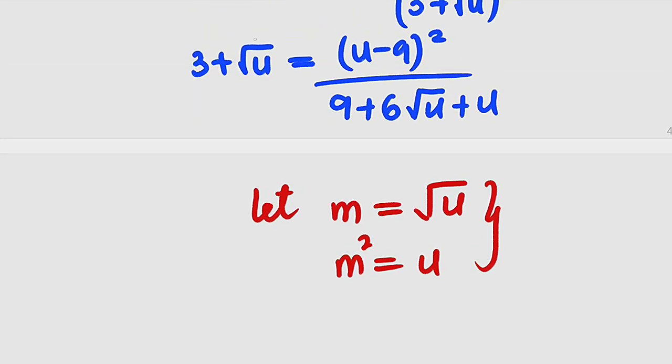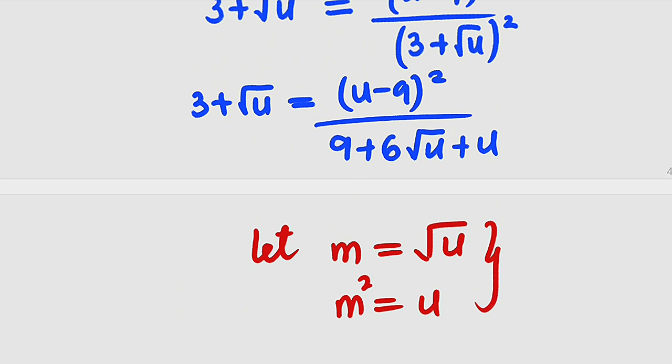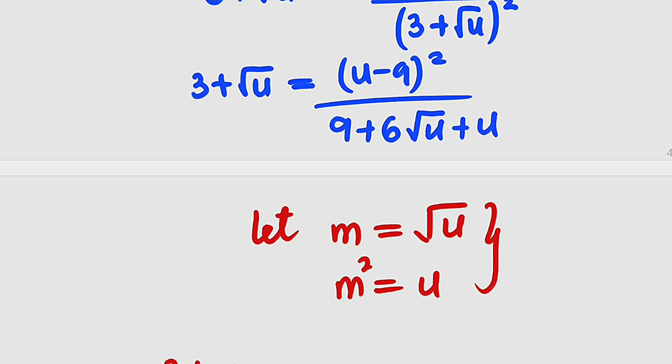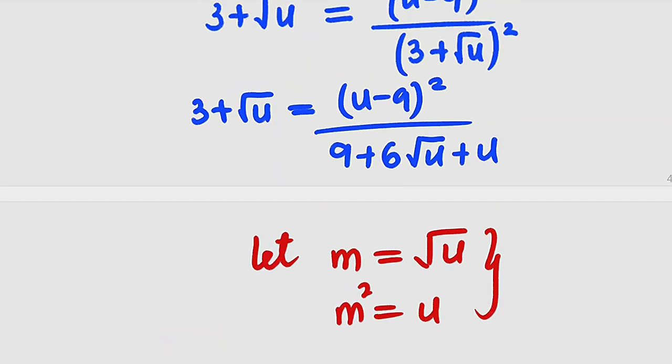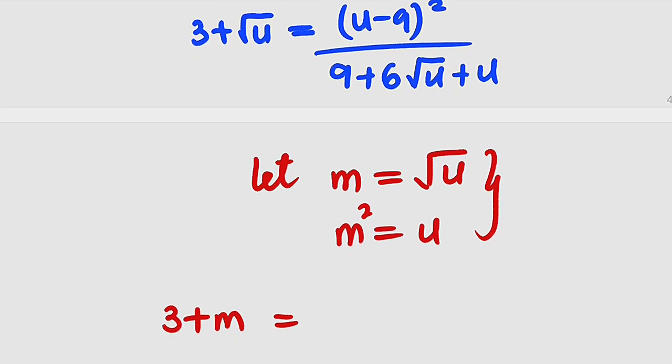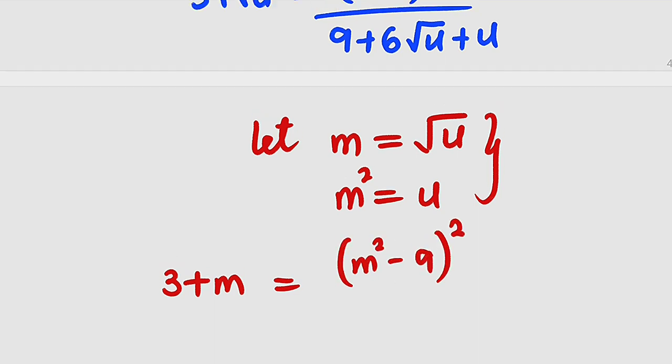Therefore to the left hand side we have 3 plus what? m. So to the left hand side we have 3 plus m, because we have let square root of u to be equal to m from here, and this is equal to the top we have u minus 9 squared, but u is m squared. We have m squared minus 9 whole squared, right?